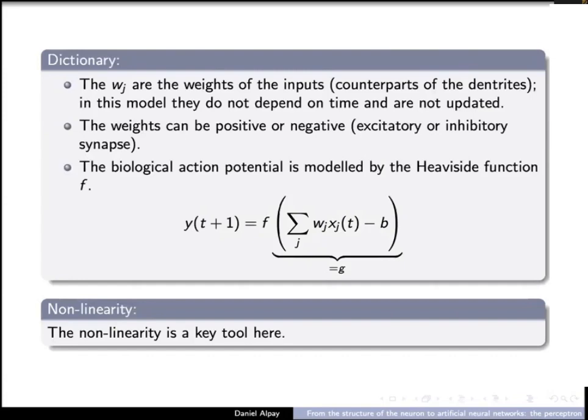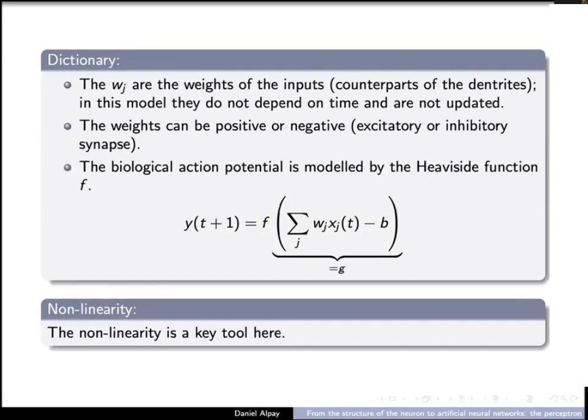And the biological action potential is modeled by the Heaviside function. You could think of other functions. I mean, the Heaviside function is this one. One can think of other functions in practice, but for this model, we need really 0, 1.